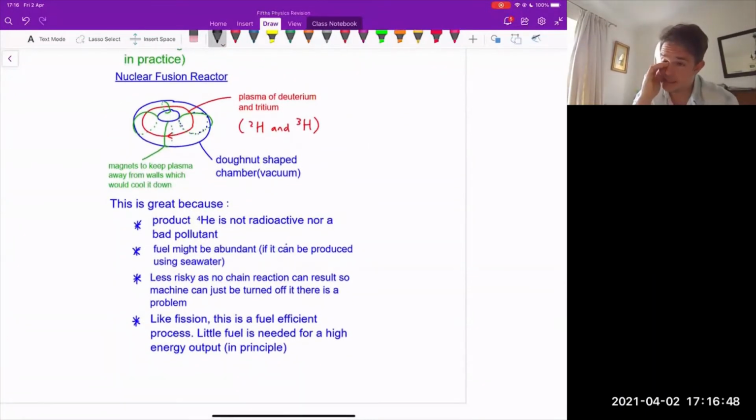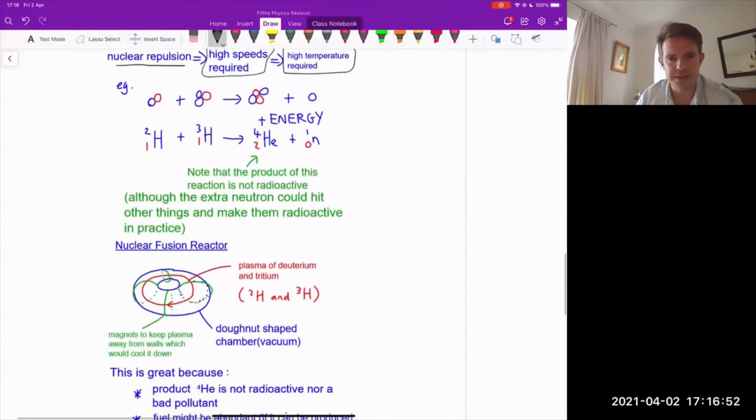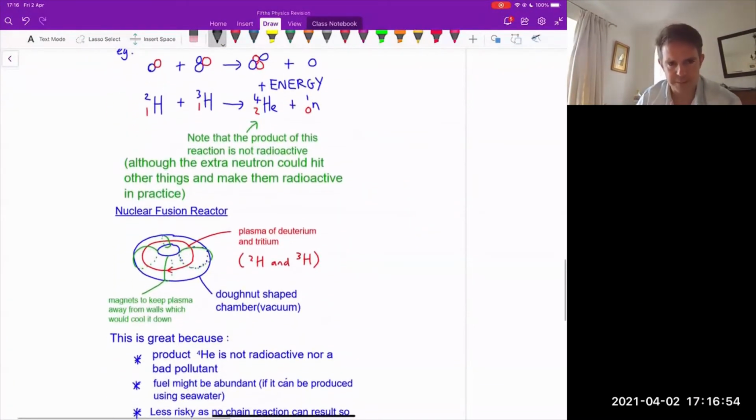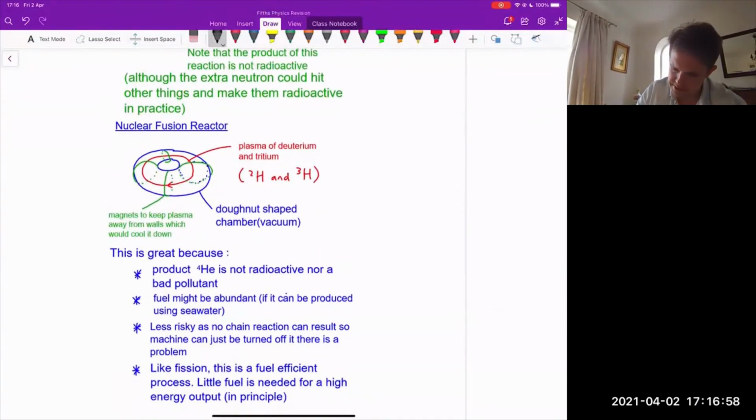The difficulty is containing a piece of matter which is 10 million degrees Kelvin in temperature. So you need to use magnetic fields. You can see these are Dr. Marlowe's notes I've stolen. You can see that with magnetic fields, you need to keep the plasma, which is the highly hot hydrogen gas which has been ionized, away from the walls of the reactor.